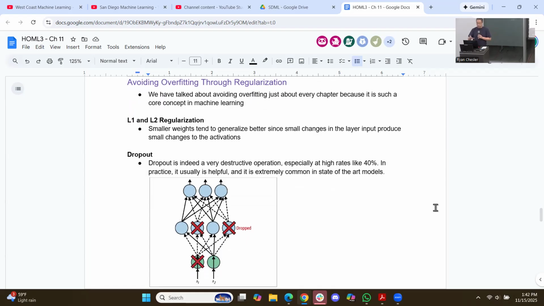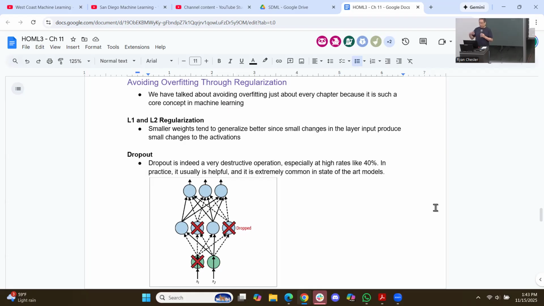Just like with small models like linear regression, you can do L1 and L2 regularization, where you basically say, I'm going to penalize you for having large weights. And the same intuition that applies with linear regression applies here. For real world problems, you tend to want a small change in your output if you have a small change in your input.